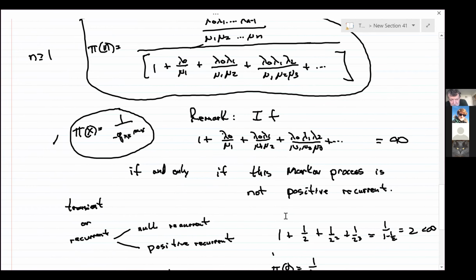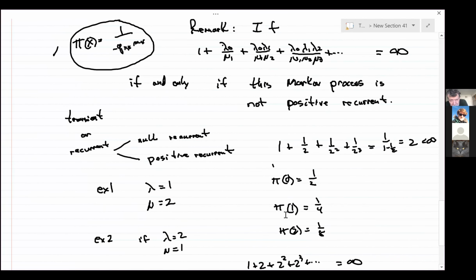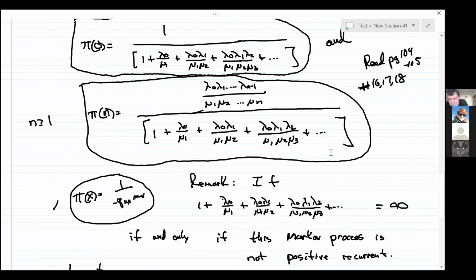So far for processes, all we've shown is if this infinite series diverges, then it's not positive recurrent. That's all we've shown for processes, but we have more information that we could draw upon from chapter 2, which we could do next time.